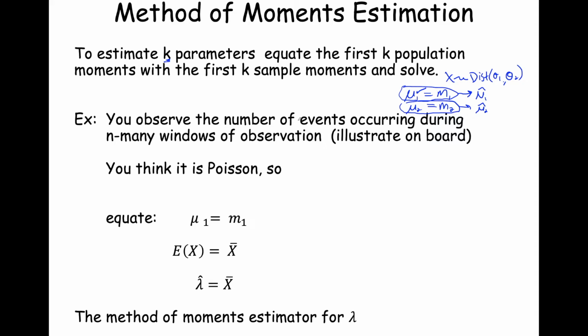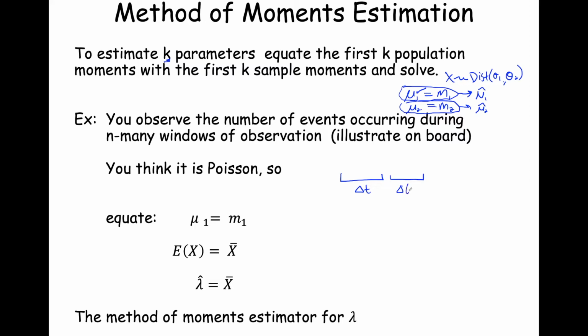Okay, so the example we had before is that you observe some number of events, and these events occur during some number of windows of observation. And so we talked about this. Here's your window of observation, delta t, and the only requirement is that your windows of observation have to be the same size.